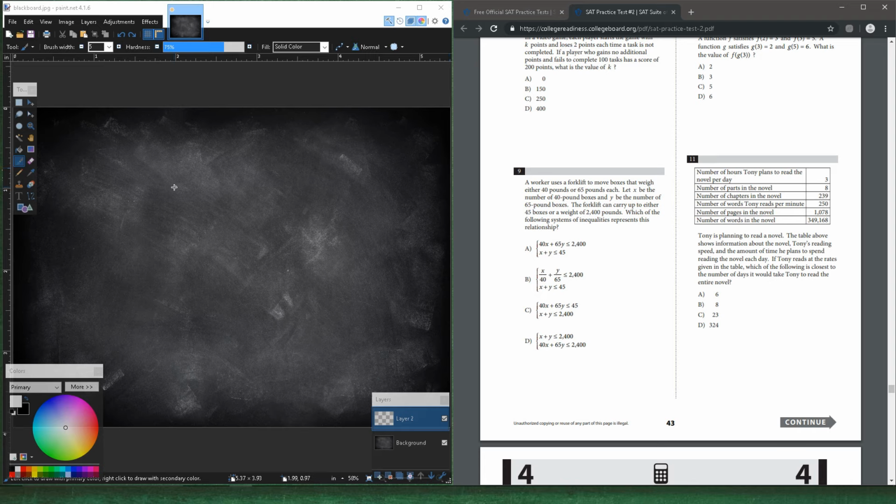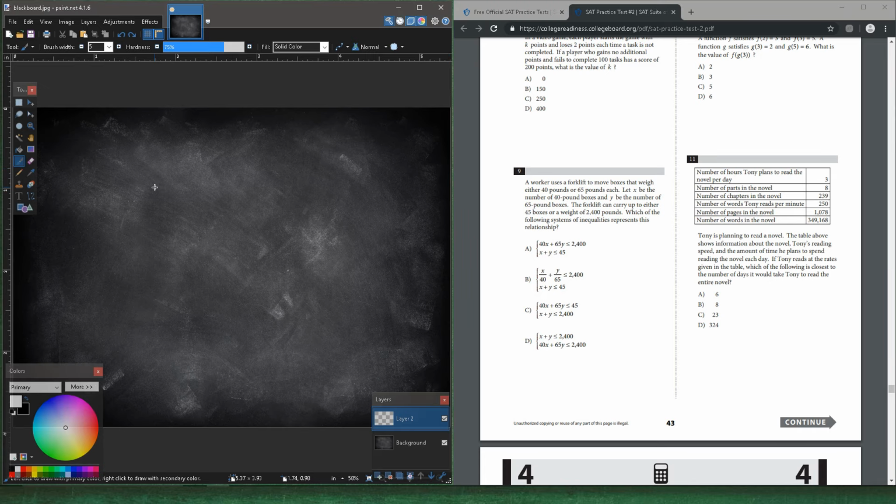So he reads 3 hours per day. The number of parts in the novel is 8, and the number of chapters in the novel is 239, and the number of words per minute he reads.